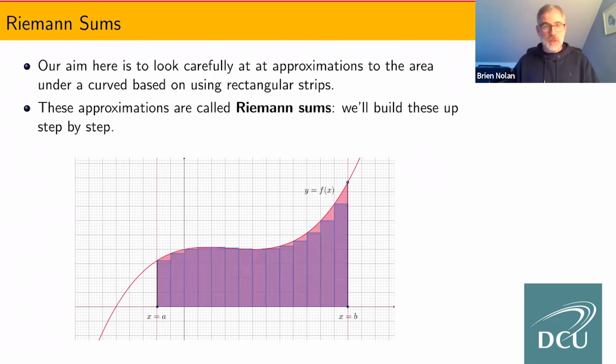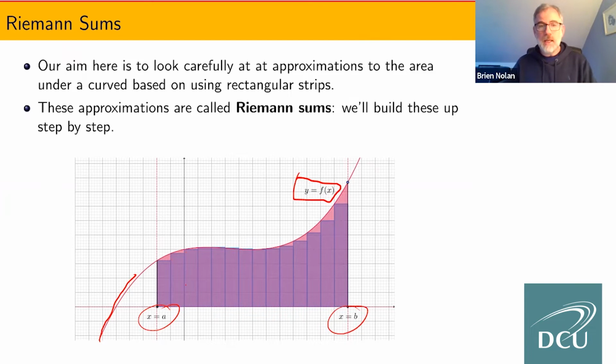Okay, so the idea, and this underpins everything that we need to know about integration, is that we start with the graph of a function y equals f of x. We have its graph there, that's the red curve that's showing. What we're trying to do, remember, ultimately, is come up with a sensible way of defining and measuring and calculating the area under the graph of f between two points, x equals a and x equals b.